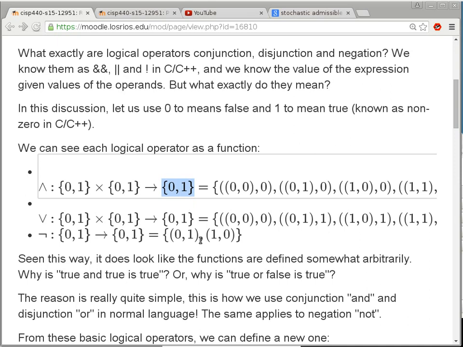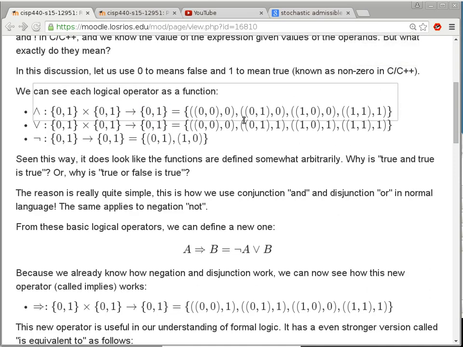Are there any questions about this way of looking at conjunction, otherwise known as AND in normal conversation, or AND in a C++ program? No? Okay. Then we'll take a look at the actual definition of conjunction.